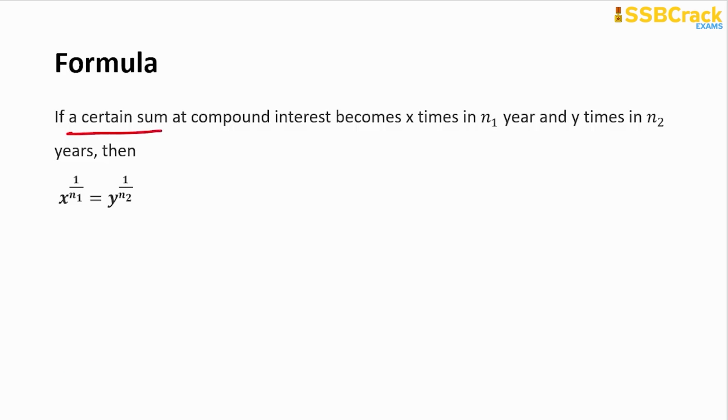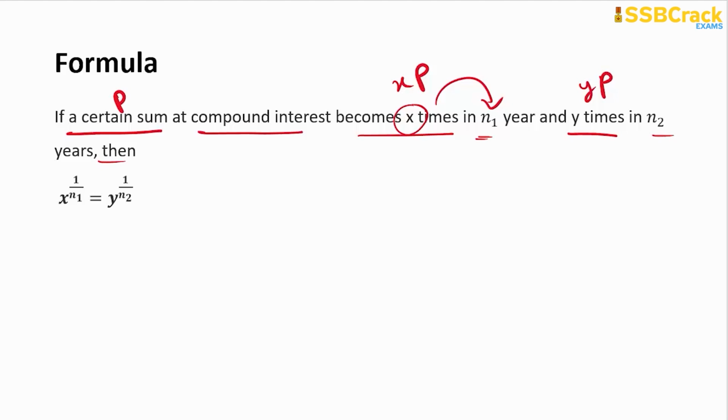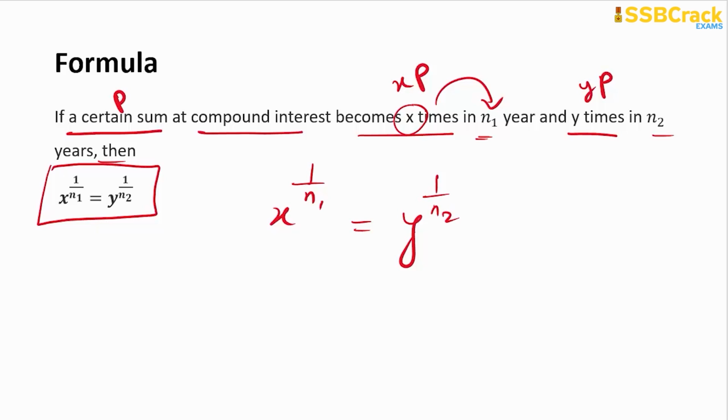If a certain sum at compound interest becomes x times in n1 years, that is, the initial P becomes xP, and it becomes y times, that is yP, in n2 years, then in that case we have this equality, a very important equation: x to the power 1 by n1 is equal to y to the power 1 by n2. Now this formula will be very useful for you to calculate either n1, n2, x or y.